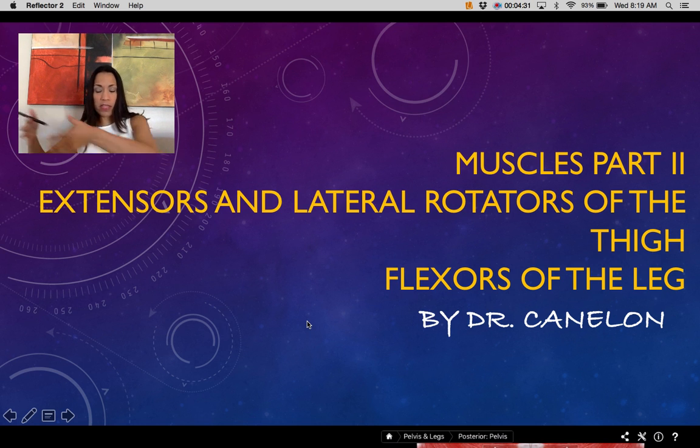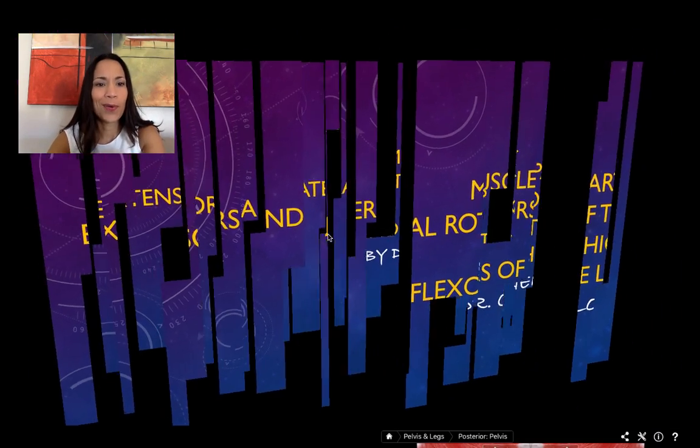So today we're going to discuss the other part, the muscles crossing posteriorly and laterally the hip and posteriorly the knee joint. So we're going to describe today the extensors and lateral rotators of the thigh and the flexors of the leg. Sounds okay?